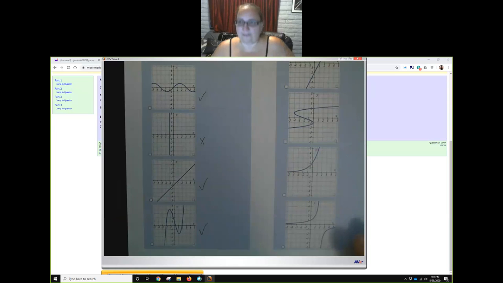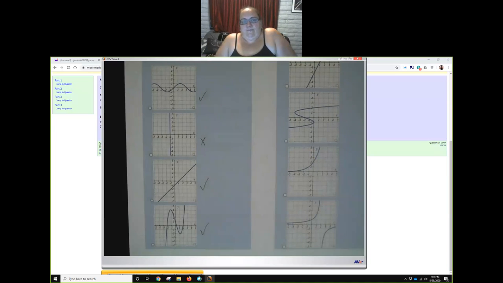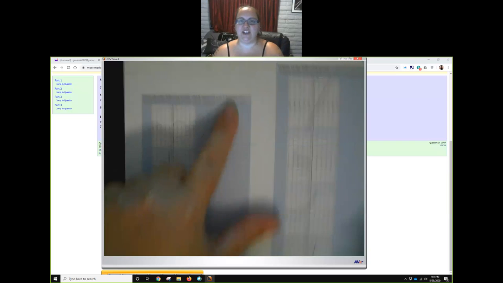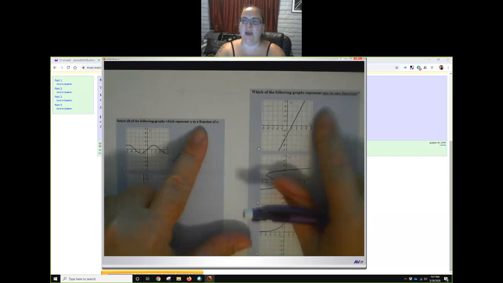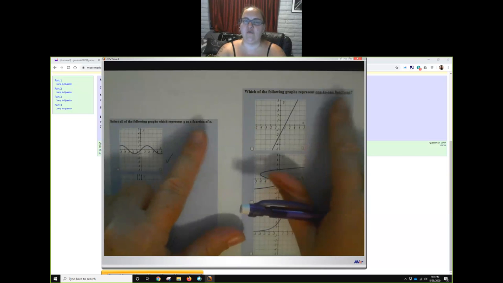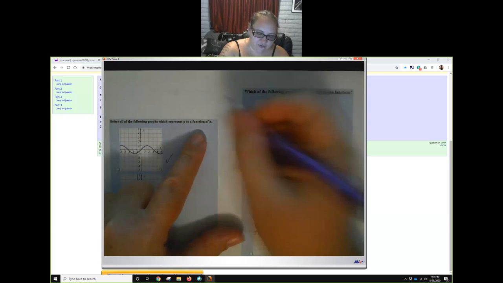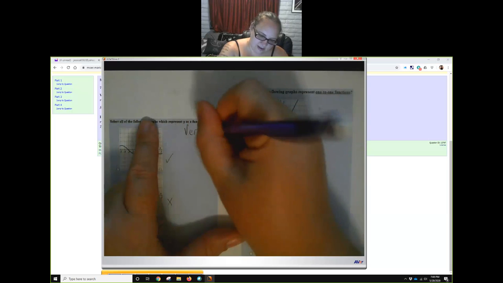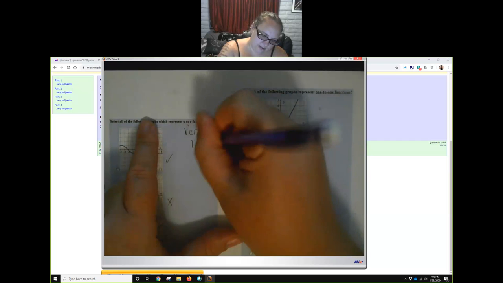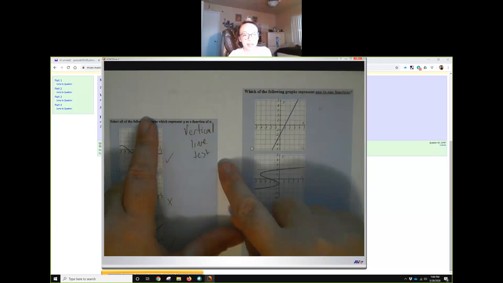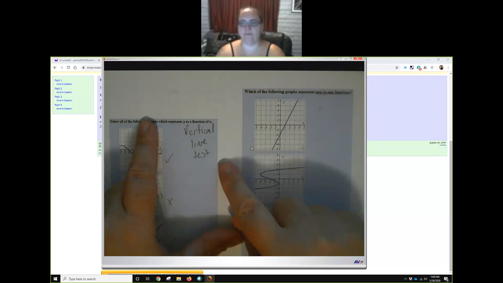Say that again, because I got every single one of these wrong. So if something is a function, now again, just like with the last ones I was telling you, you have to be really cognizant of what they're looking for. If they just say function, then you want to pass the vertical line test. Do you remember the vertical line test? Yeah, I wrote the definitions of that, but I thought I was answering them right.